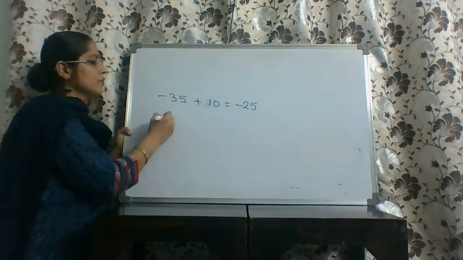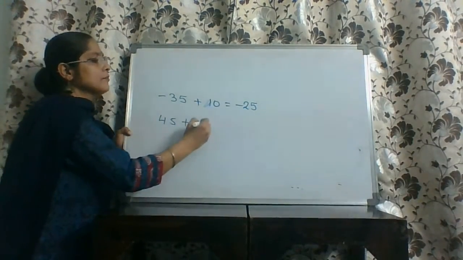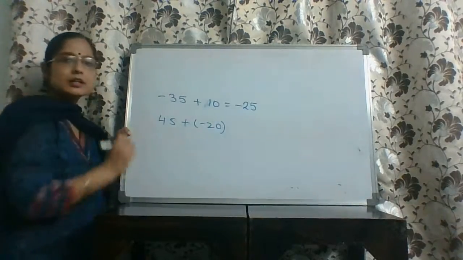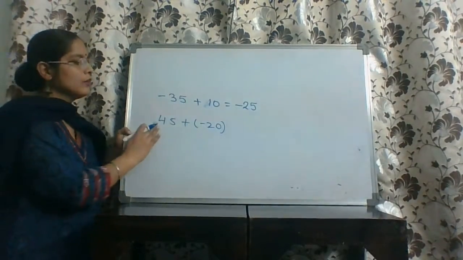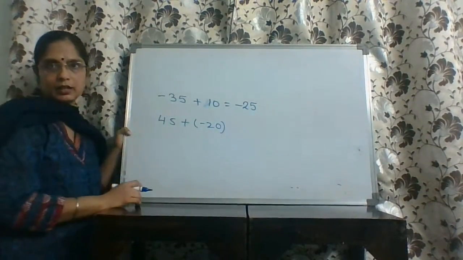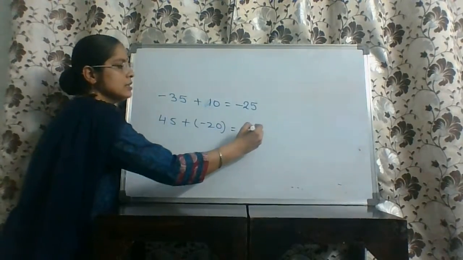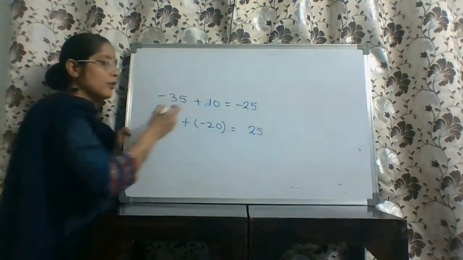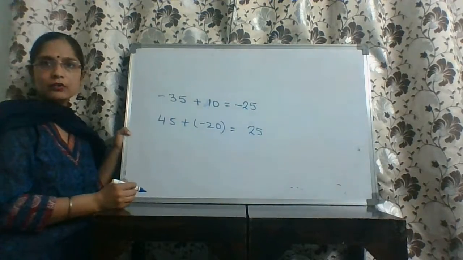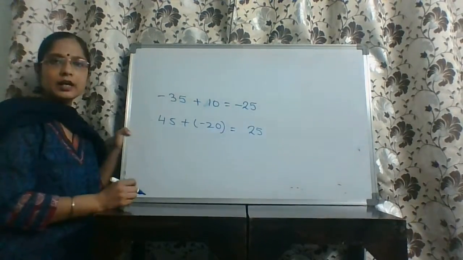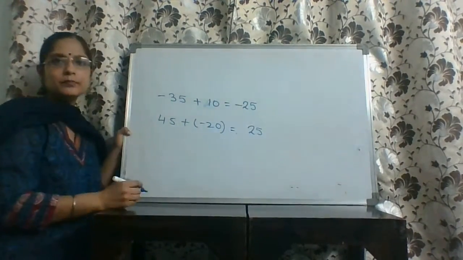Similarly, if it is 45 plus -20. Simply first we are going to subtract 45 minus 20. 45 minus 20 is 25. Now 45 is the higher value, so positive sign is there. So my answer will also be positive.